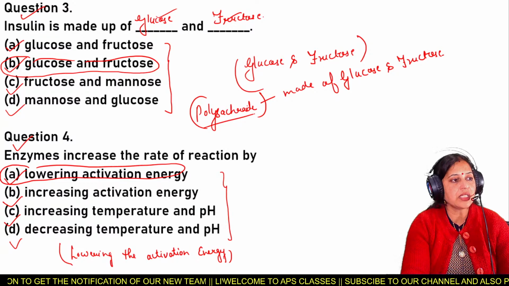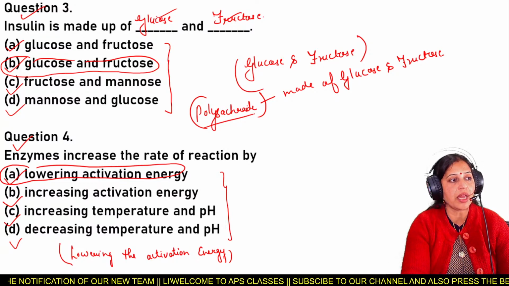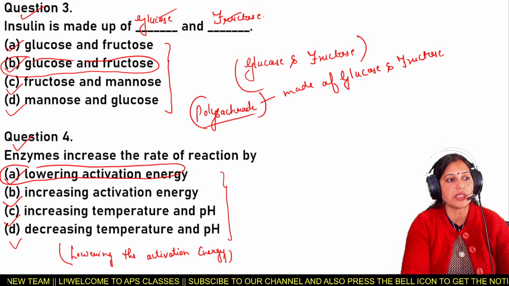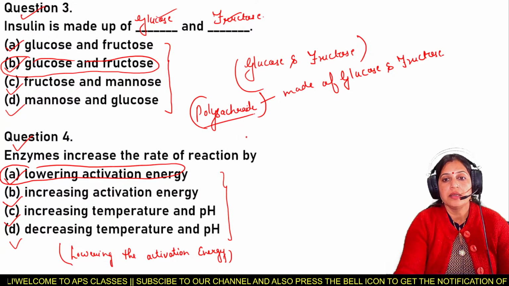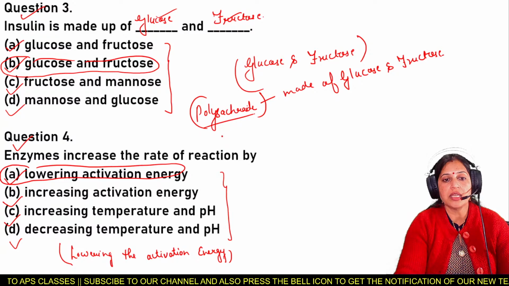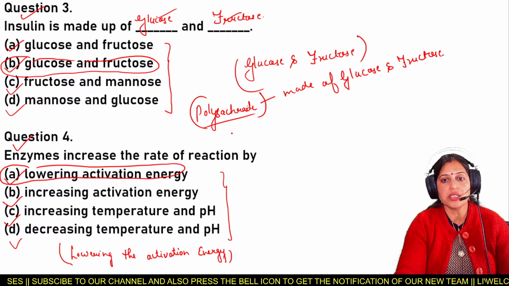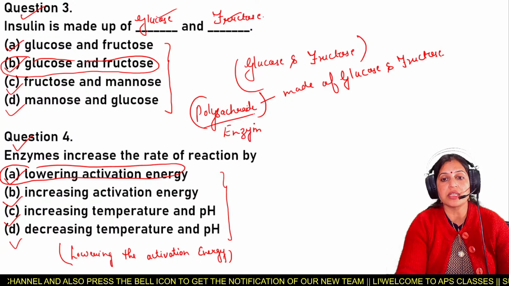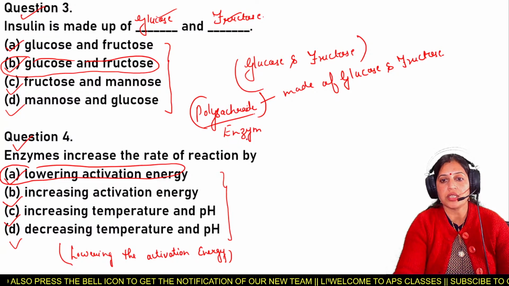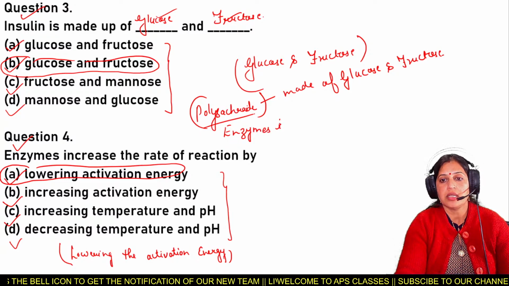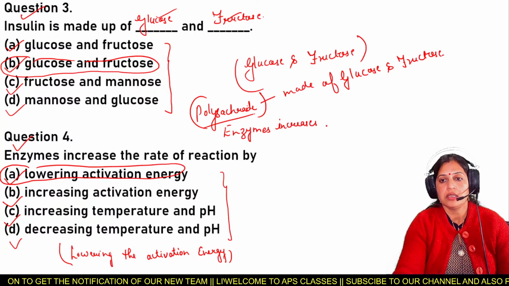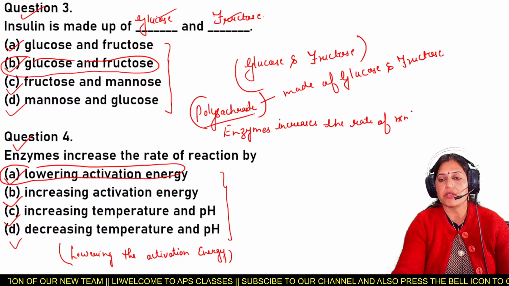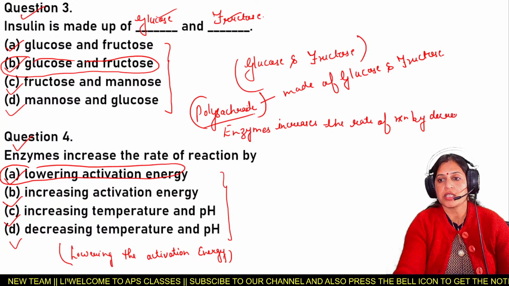Enzymes increase the rate of reaction by lowering the activation energy, because enzymes increase the rate of reaction by decreasing the activation energy.